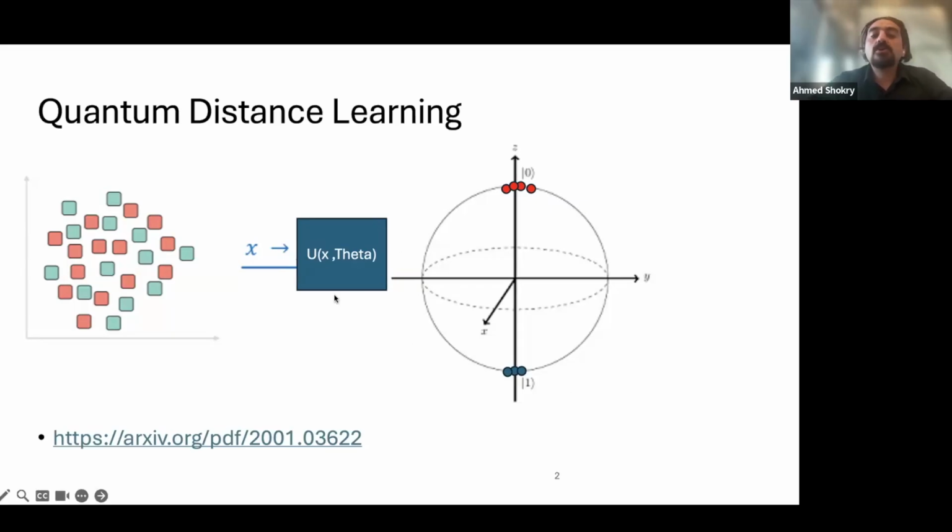In quantum distance learning, we are trying to learn the optimal embedding between two groups.